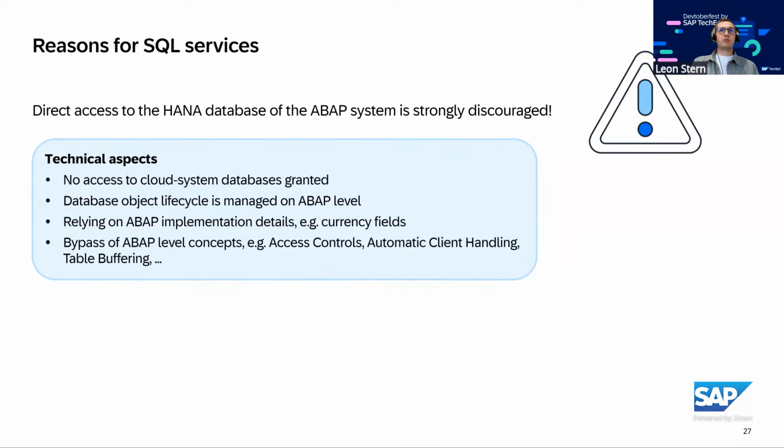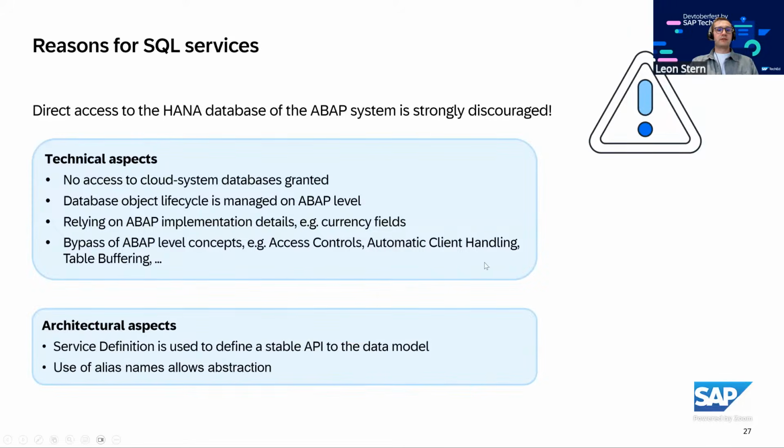Other important ABAP concepts bypassed are the client handling, the handling of access controls, or the table buffer. And especially the table buffer invalidation becomes really important when starting to write to ABAP-managed data from external applications, because we need a table buffer invalidation to have the data consistently integrated with consumers in ABAP.